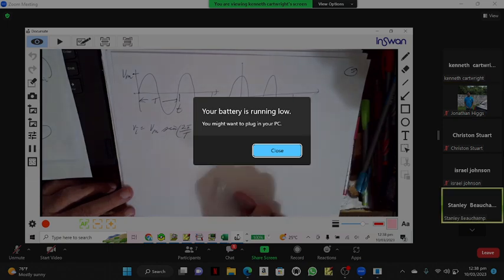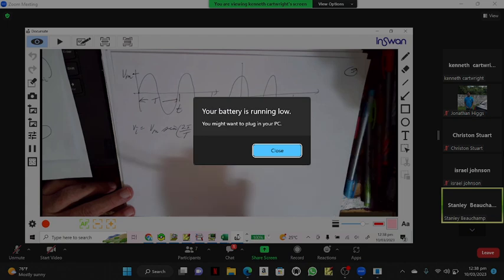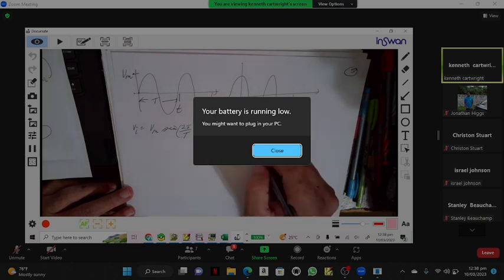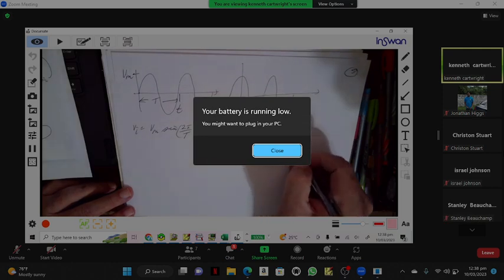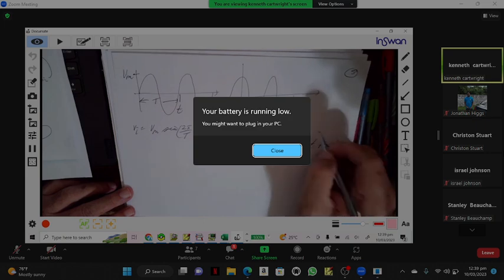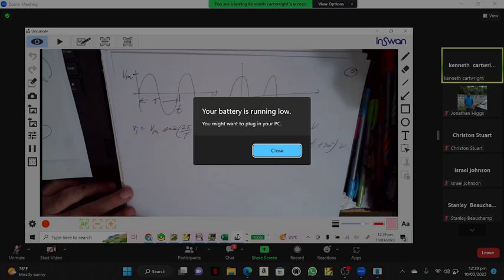So Dr. Cartwright, that's why on the PSpice you shifted 90 degrees. Exactly, because this here is VM sine 2 pi over T plus 90 degrees. That's exactly right, and PSpice refers everything to sine.